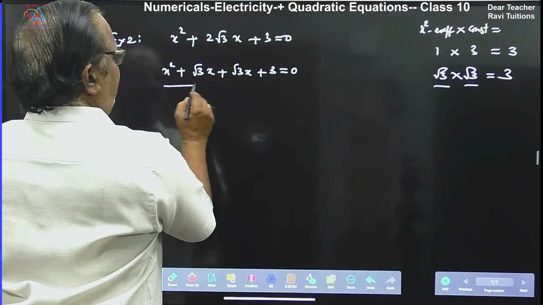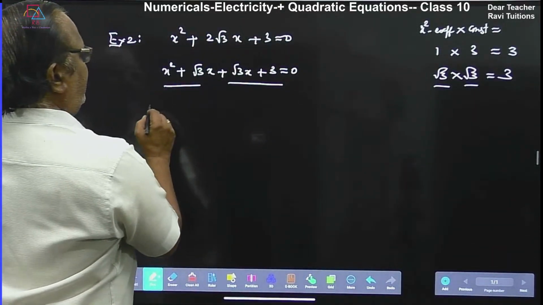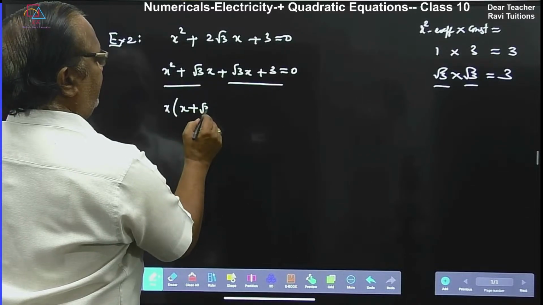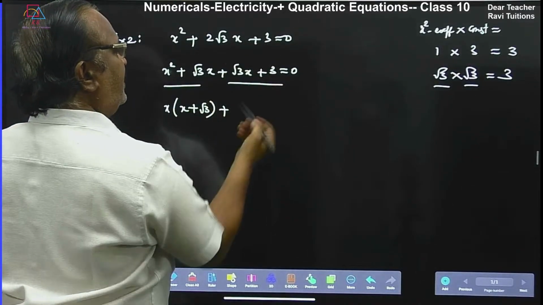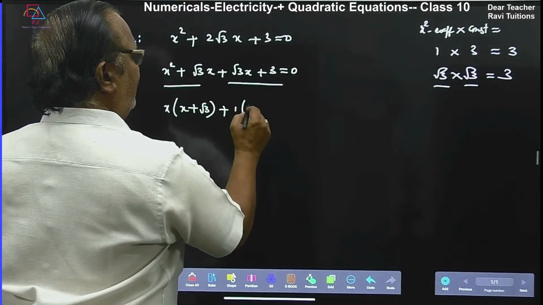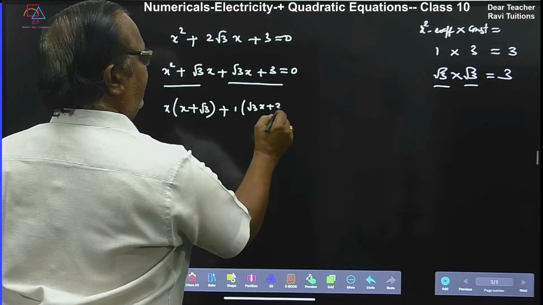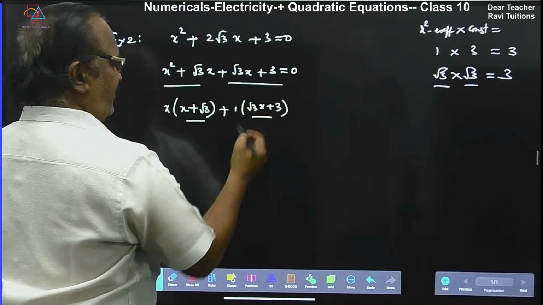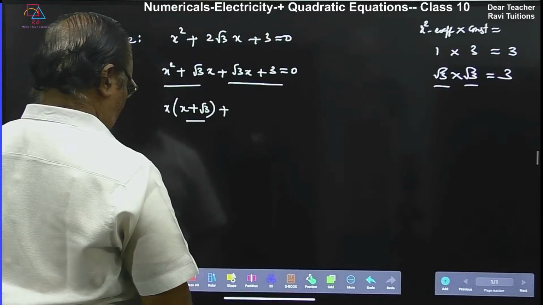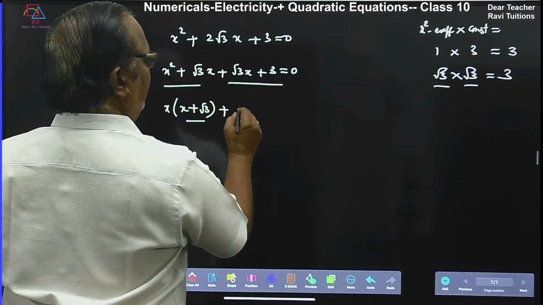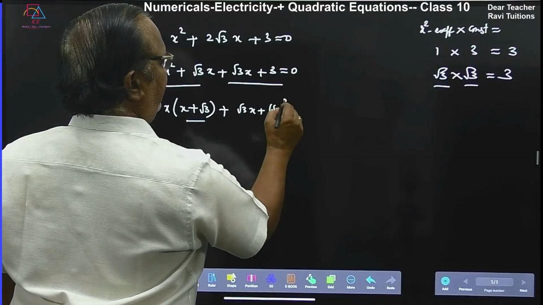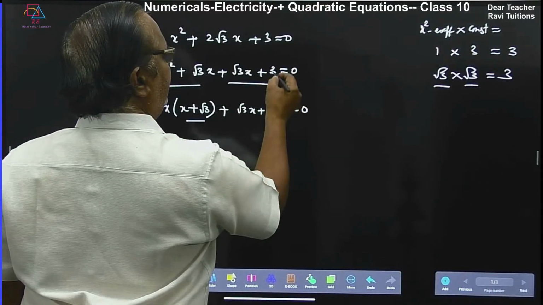Now first 2 terms, last 2 terms. In the first 2 terms, x I take common, x plus root 3. In this, what can I take common? Nothing is there. If I take 1, root 3x plus 3, it is not matching. So you cannot do like this. So then what will I do? Root 3x, I will make it root 3 whole square, root 3 whole square is 3.